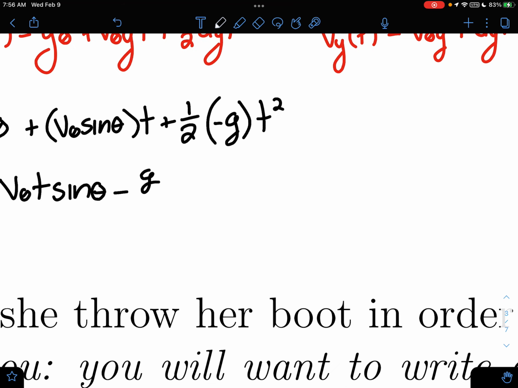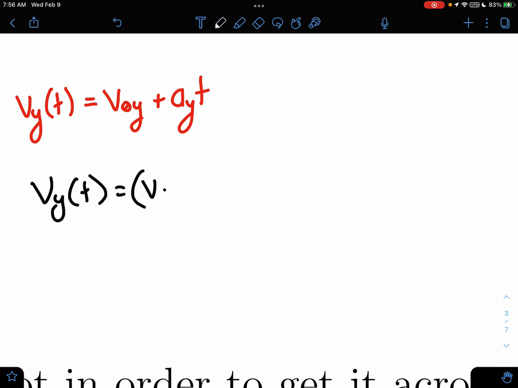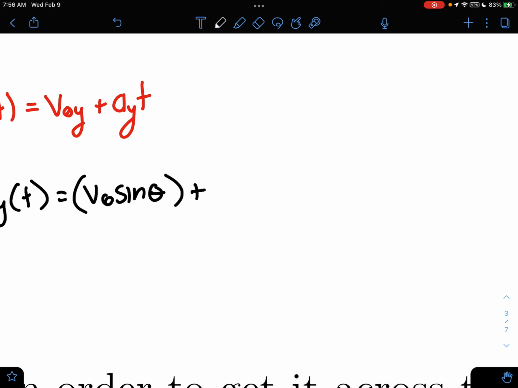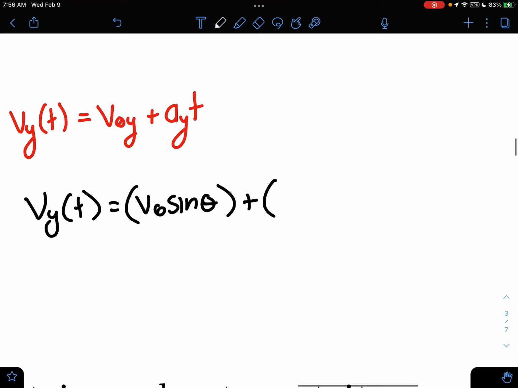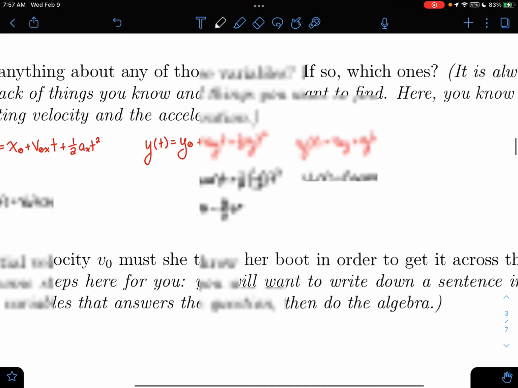It's going to be minus g over 2 t squared. Wonderful. Now finally, v y is a function of time. We said our v naught y, again, v naught sine theta, plus, and we said our a y is still in the negative direction, negative g. So our v y is going to be v naught sine theta minus g t.